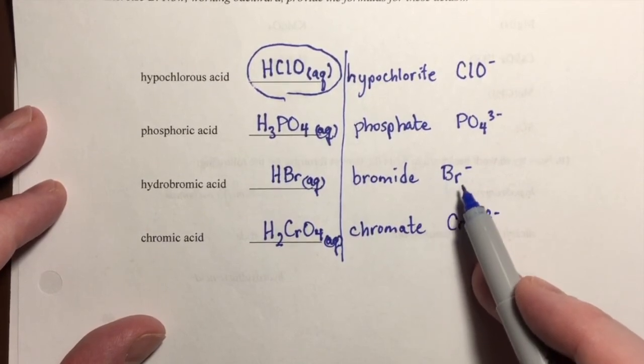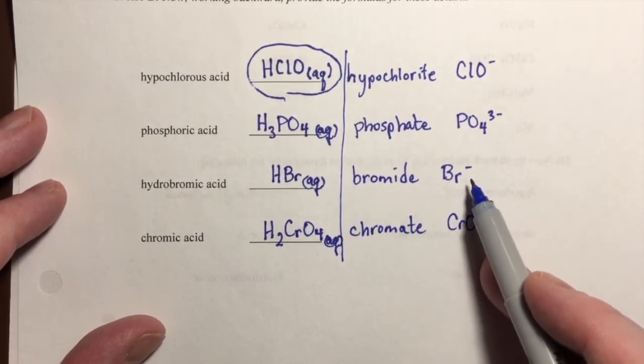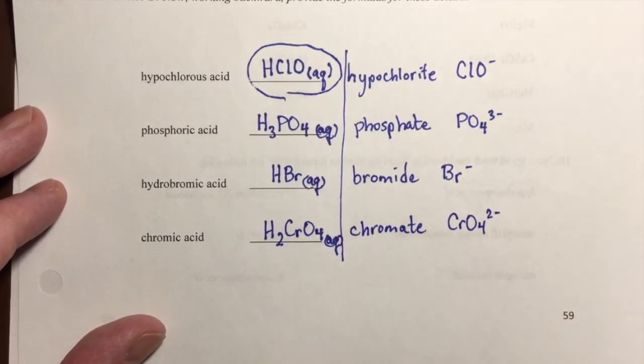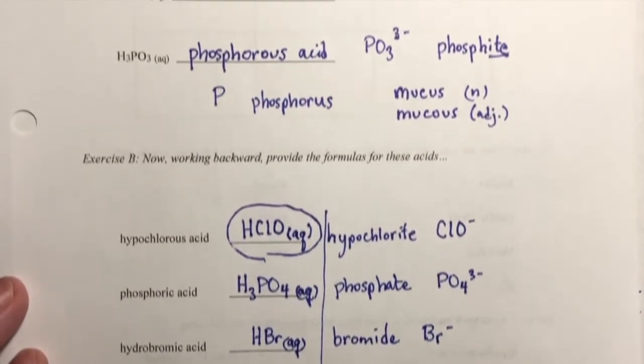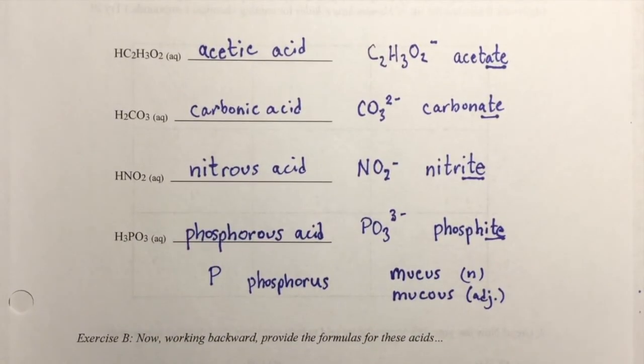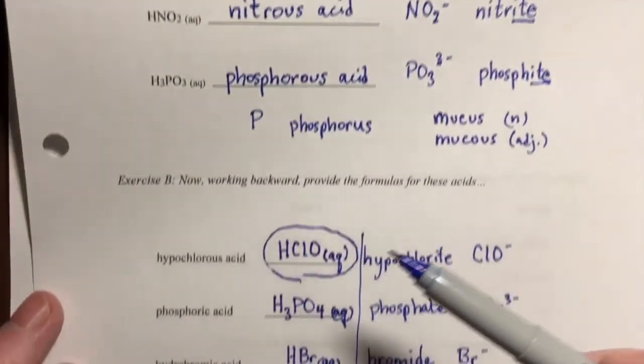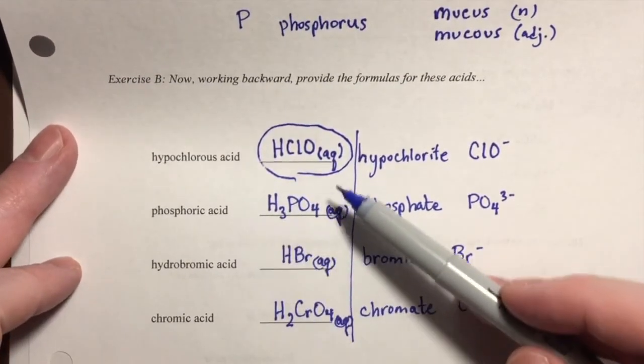Then add enough hydrogens to charge balance the charge on the anion, and then add the aqueous state indicator. So there are some examples for acid nomenclature. When you're given the formula, you can write the name, and when you're given the name, you can write the formulas.